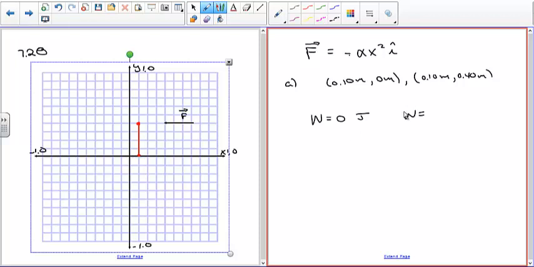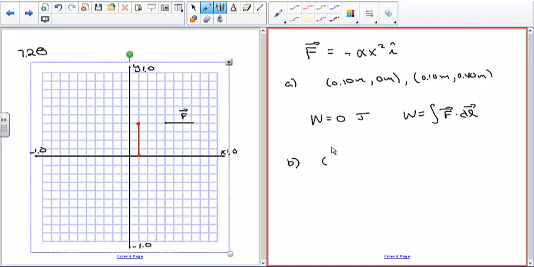So work is equal to the integral of F dot dl. And because the force is in the x direction and the movement is in the y direction, the dot product of those two is going to be 0.